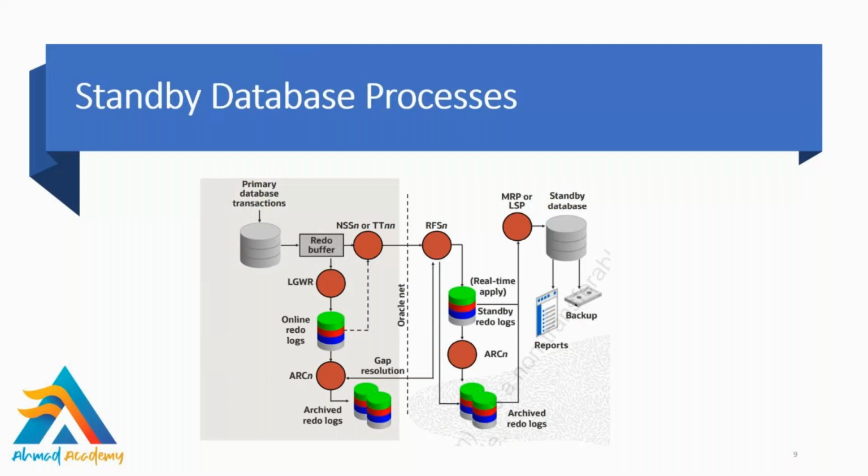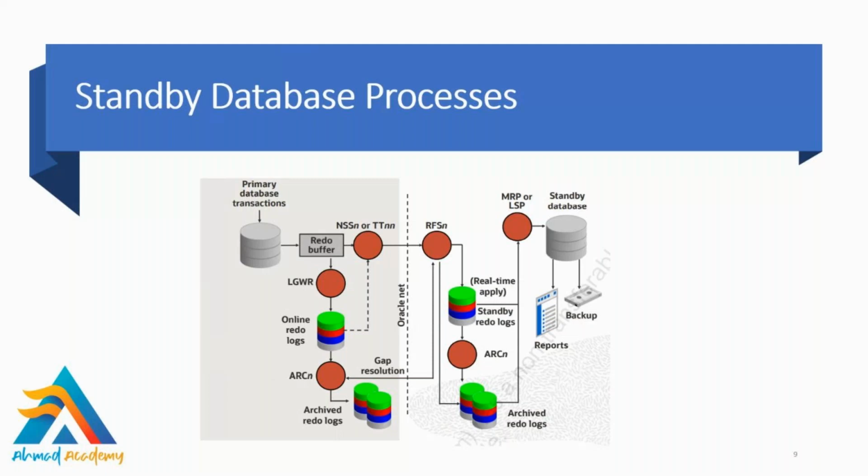If you use the optional DISCONNECT FROM SESSION clause, the MRP background process starts. If you use the Data Guard broker to manage your standby database, the broker always starts the MRP background process for a physical standby database. So please remember this point.